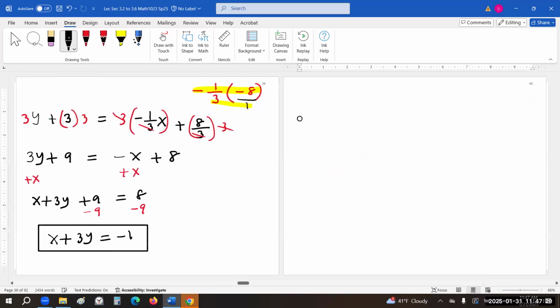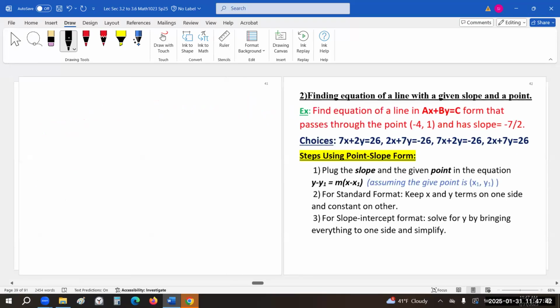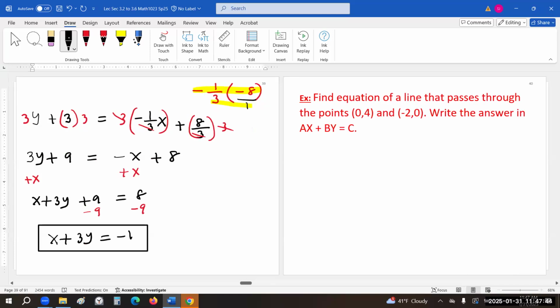I have more space, so let me get rid of that. Okay, one interesting question. Do it. Find the equation of the line.